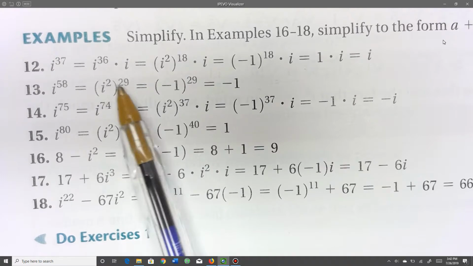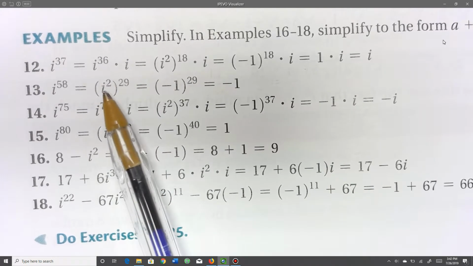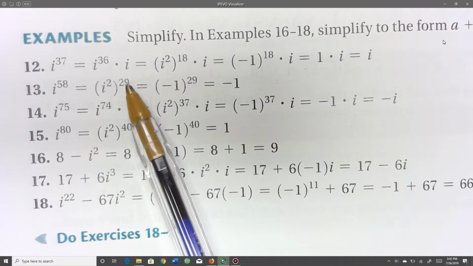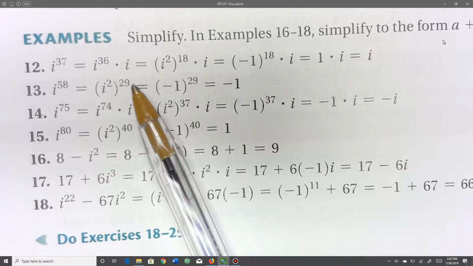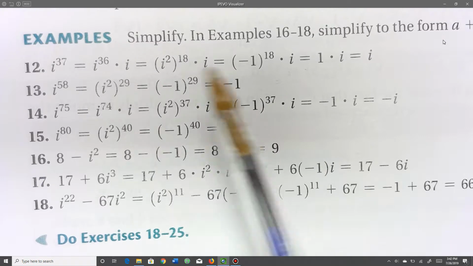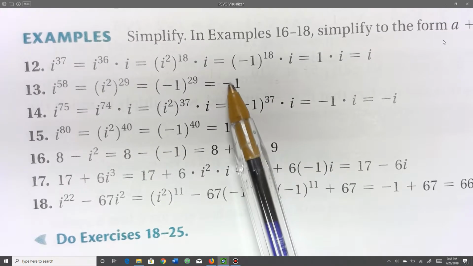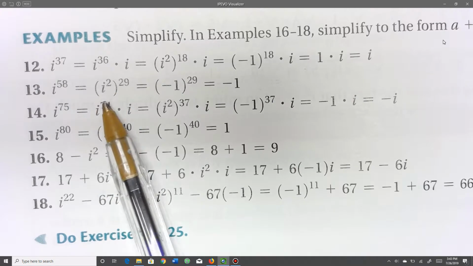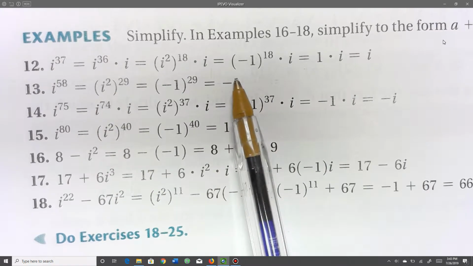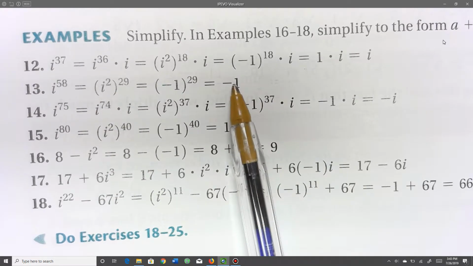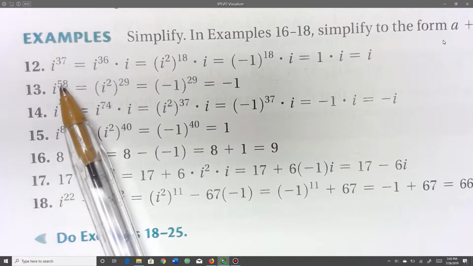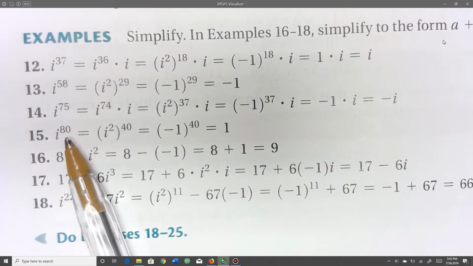Just think about that. You know that inside you're going to get a negative value. A negative value raised to an odd exponent is going to give you a negative answer, a negative 1. Since i squared became a negative 1, your answer should be negative, and it should be a 1. All right, so that happens when you have an even exponent. Let's go to the next even exponent here.